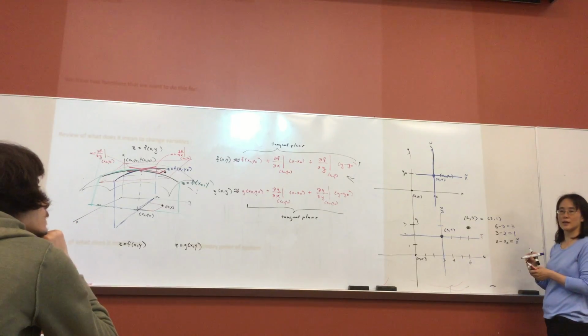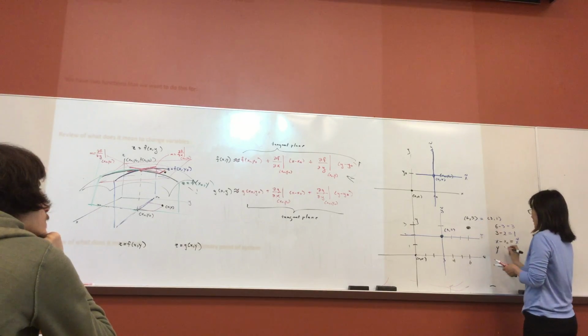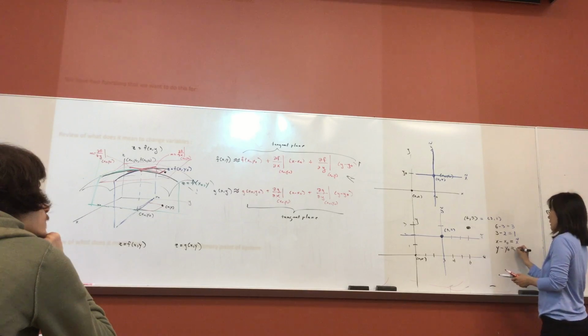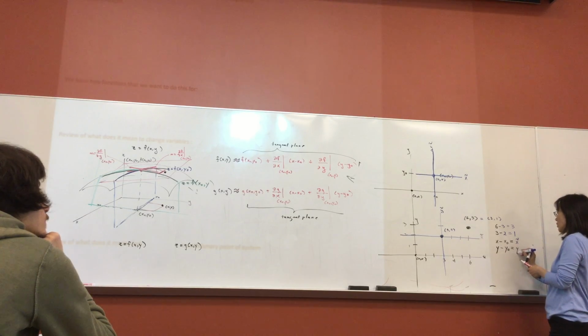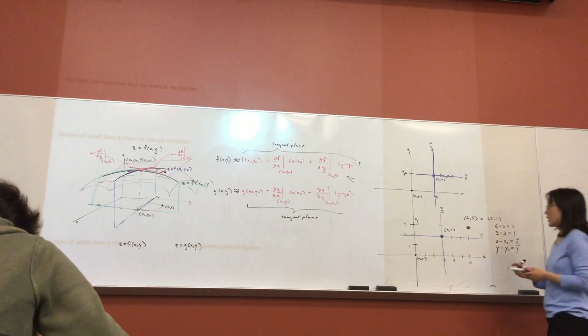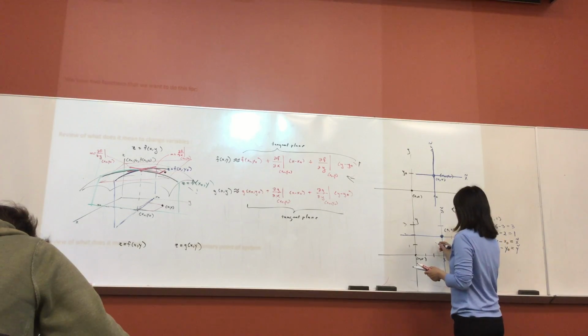If you have the y coordinate, you subtract the y naught, and that's how you get your y tilde. Does everybody see how that works? So let's find another point right here. For instance, say I'm interested in, how about this point?